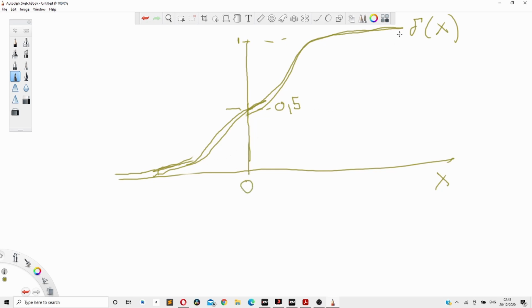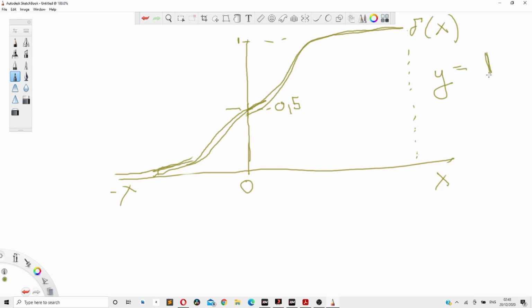What the sigmoid does is, as you can see, we have positive x and negative x. If x is a large number, then y is equal to 1.